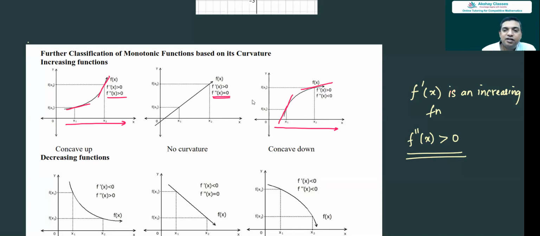So in this particular case, f dash x is a decreasing function. So what we get here is f double dash x will be negative.